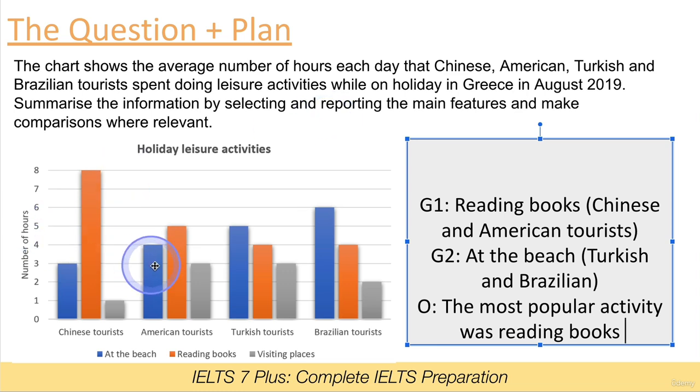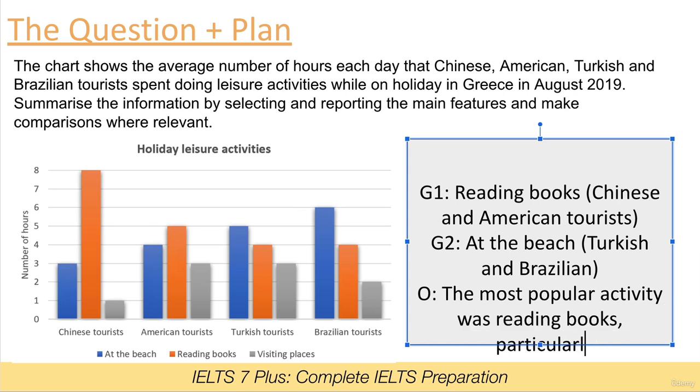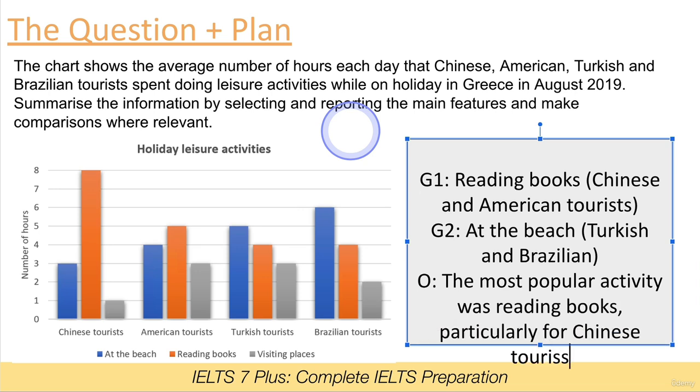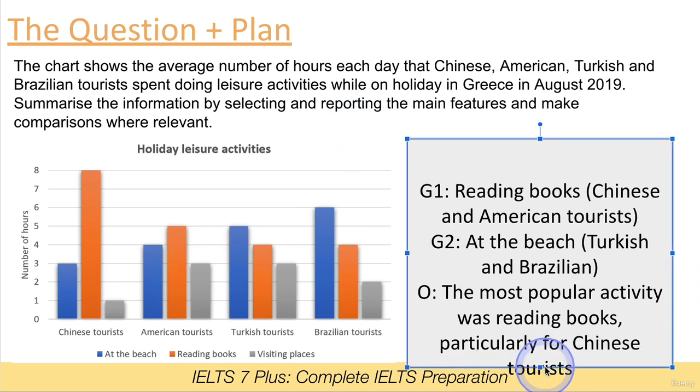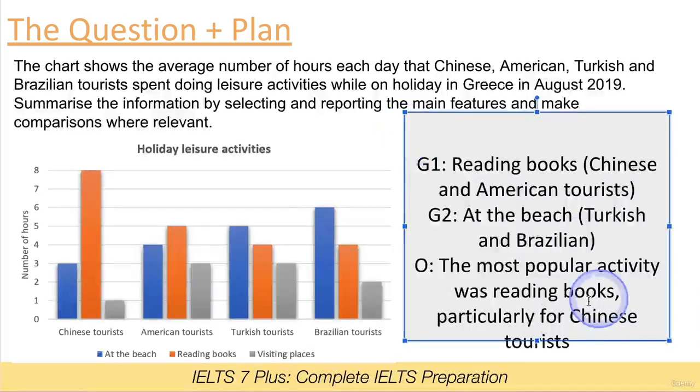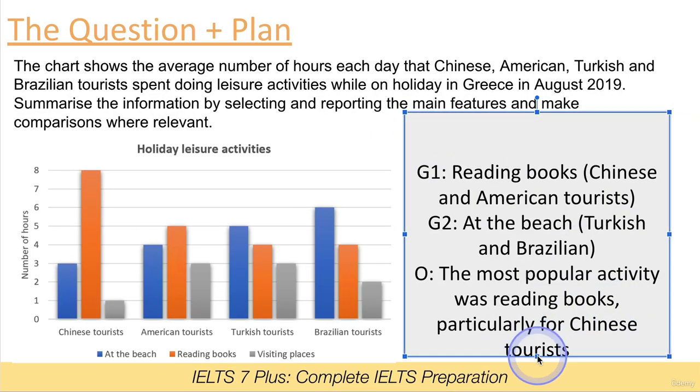Or definitely for 2, and then the other 2, it's the second highest. I was reading books, particularly for Chinese tourists. Okay, so that is our sweeping statement, our observation there, before we get into the data part of the write-up.